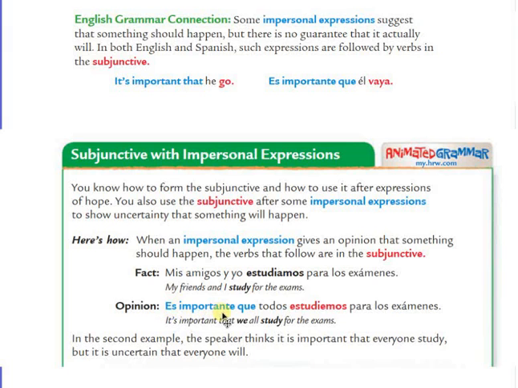So if I say, es importante que todos estudiemos para los exámenes. Well, it's important, but I'm not sure if that's gonna happen. In the second example, the speaker thinks it is important that everyone study, but it's uncertain that everyone will.